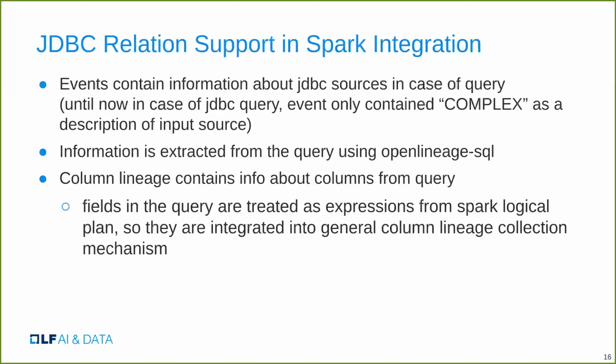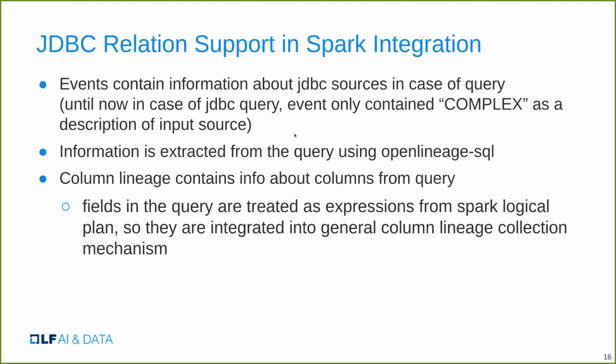Up until now, if you defined the data source as a JDBC table, that was fine. But the moment you tried to do a query, the event only had the complex keyword as a description of the source. So that was not really that helpful.